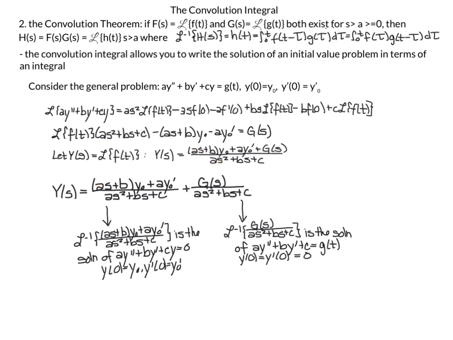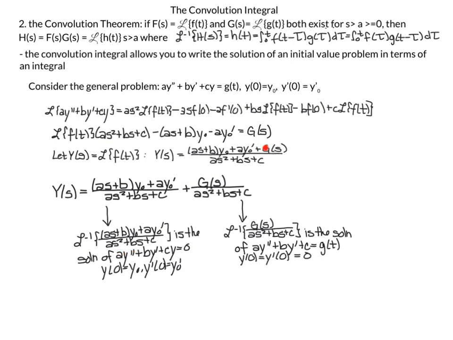I can break up my Y of s into two portions. This first portion, (as plus b) times y naught plus a y naught prime, over as squared plus bs plus c, the inverse Laplace transform of this is the solution of the homogeneous equation ay double prime plus by prime plus cy equals 0 subject to the initial conditions. In other words, the initial value problem of the homogeneous equation.